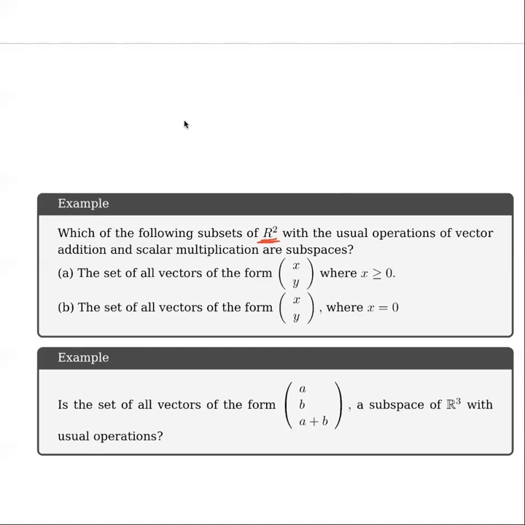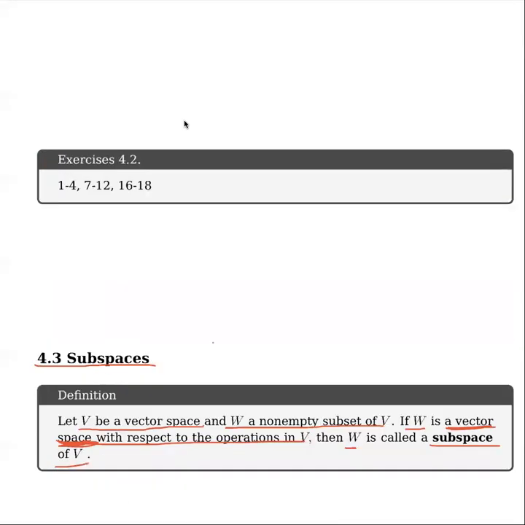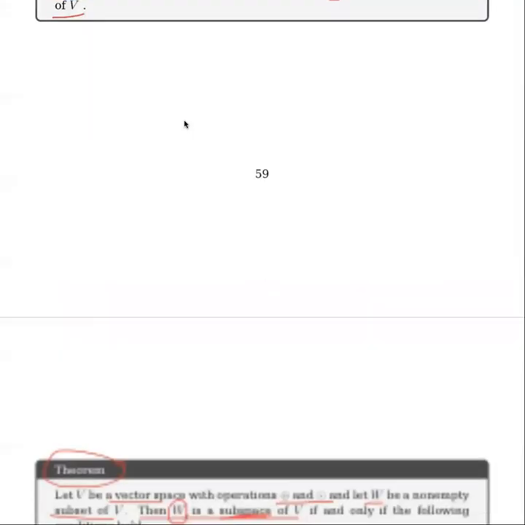The question is this: is the set of all vectors of the form x, y, where the first component is greater than or equal to 0, a subspace? So what does this mean? This means please check those two properties. So check whether they satisfy these two properties.